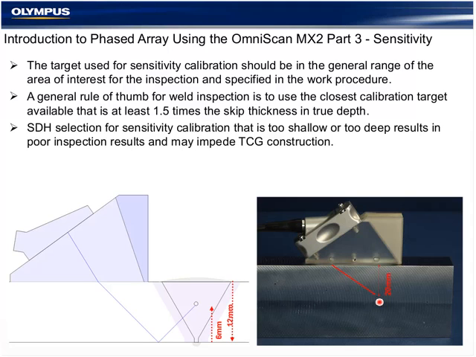This will ensure that the slope created for the difference in each A-scan is appropriate for the area of interest of the inspection. If I create that slope on a TCG point or a side drill hole here, it would be seriously distorted when we have enough range to get to the weld.